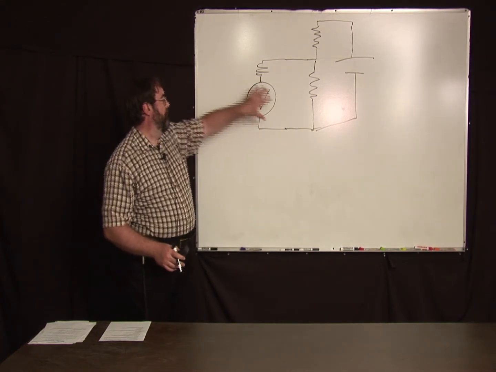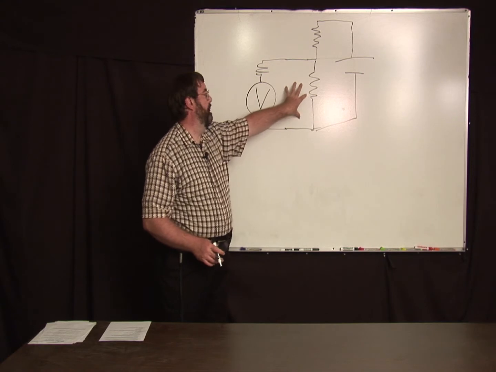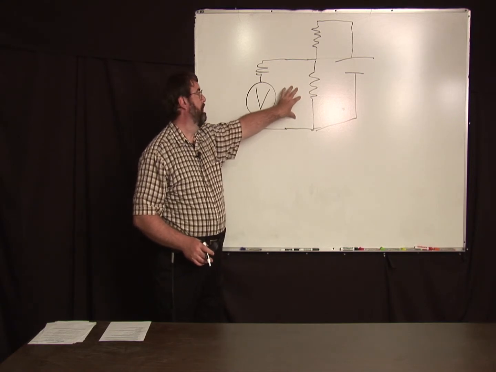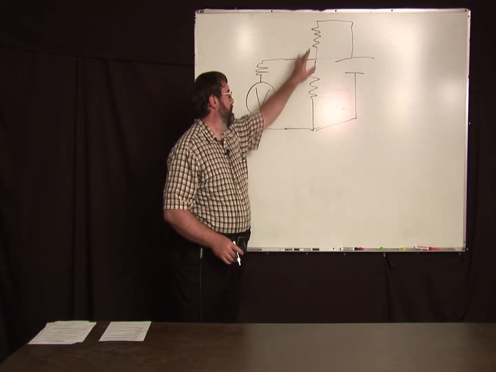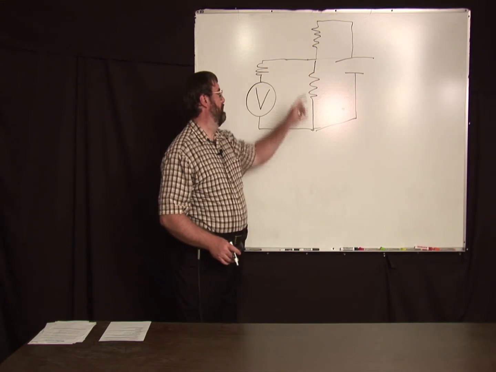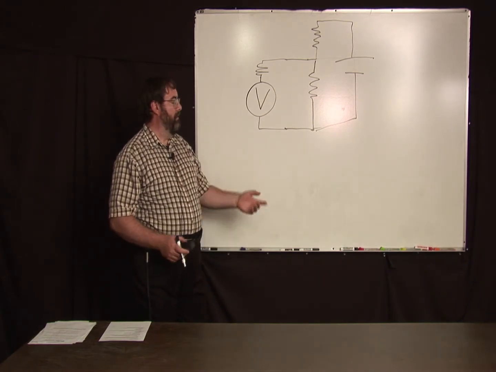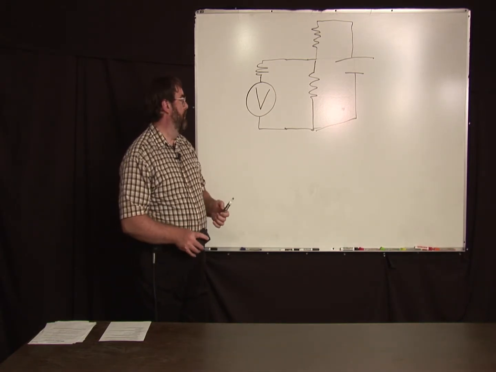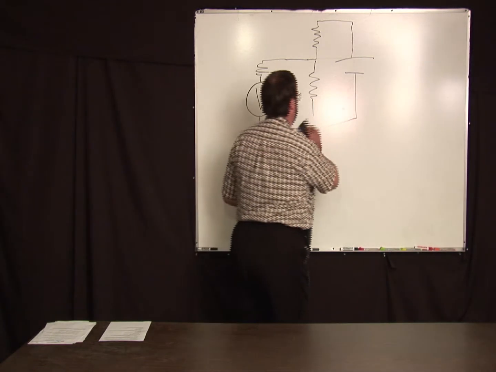Well, this resistance is in parallel with that resistance, so that makes this resistance a little bit smaller. That changes the ratio between this resistance and that resistance, so that will change the voltage seen across that resistor. And that's something you can compute from Ohm's law, but we're not going to do that right now. You can do it.